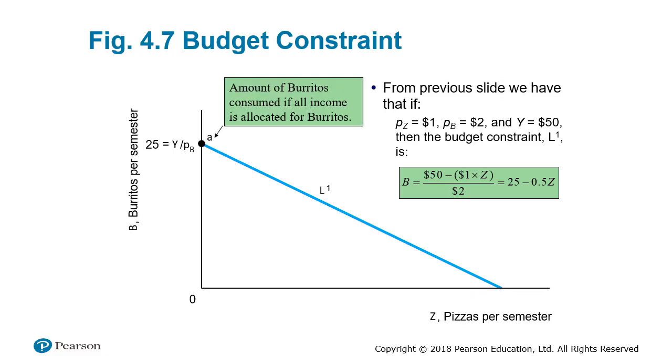That intercept tells us how many burritos she could buy if all her income were allocated to burritos and none to pizza. Similarly, on the pizza axis, if she spent all her income on pizzas and none on burritos, she'd be able to consume bundle D, or 50 pizzas.